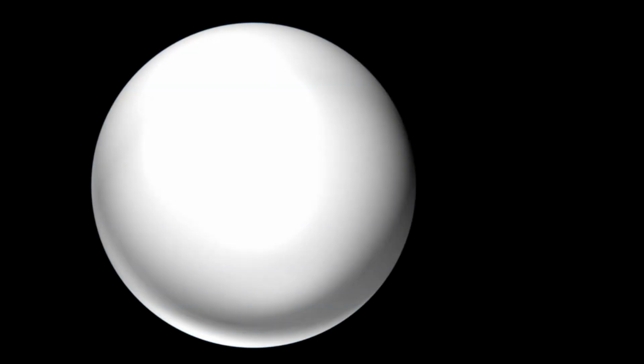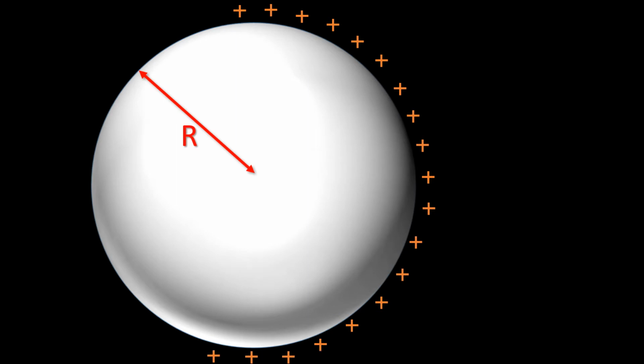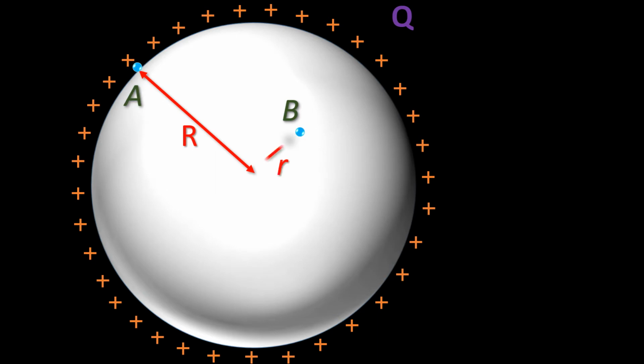Now I have a shell of radius capital R, and again I have charge on the shell. Let the charge now on this shell be capital Q. So now I consider again 2 points A and B. Now A is at distance capital R and B is at distance small r, just like previous case.